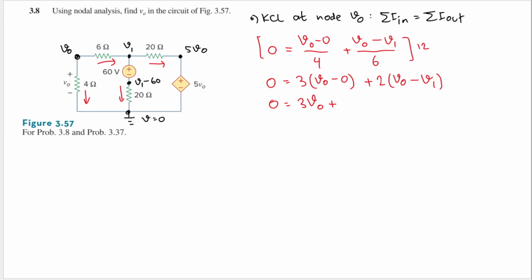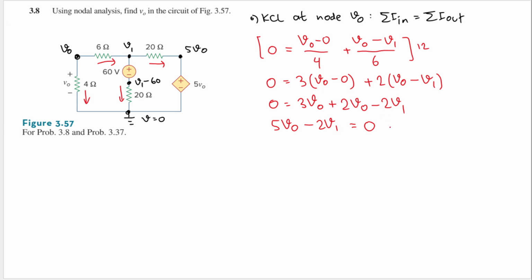Let's distribute: 3V0 plus 2V0 minus 2V1. 3 plus 2 is equal to 5. So I will have 5V0 minus 2V1 is equal to 0.